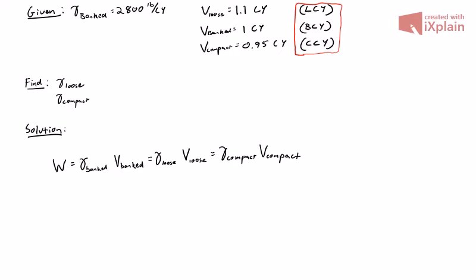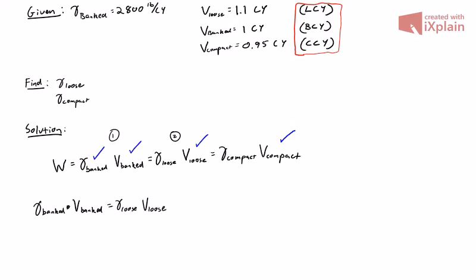So we know the banked specific weight, we know the banked volume, we know the loose volume, and we know the compact volume. So what we can do is set up an equation using the banked information and the loose information and say banked specific weight times banked volume equals loose specific weight times loose volume.